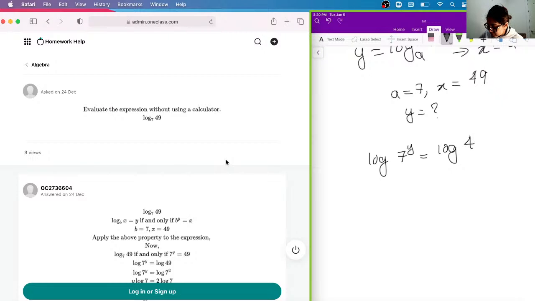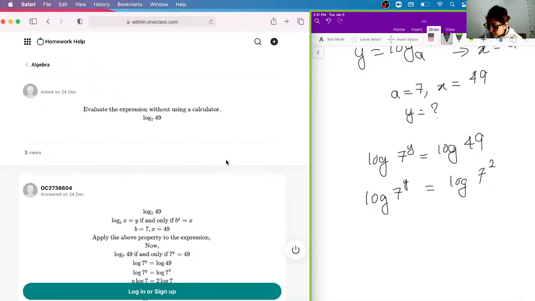We're just saying that log of a to the power of y is equal to log of x. So then log of 7^y is equal to log of 7 to the power of 2.